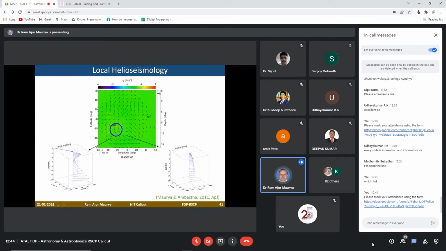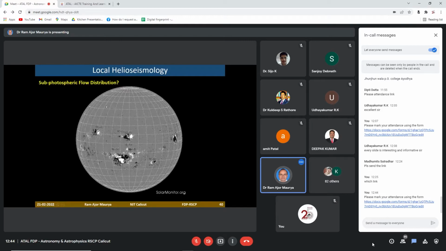The top represents the surface, and going down represents the depth. On the x-axis we have longitude, on the y-axis latitude.